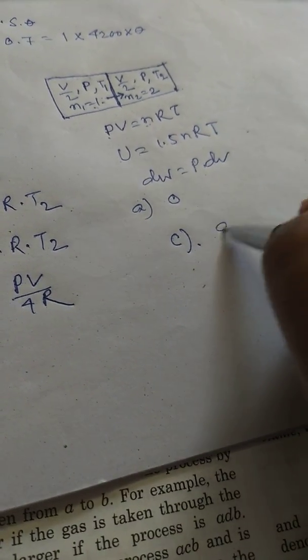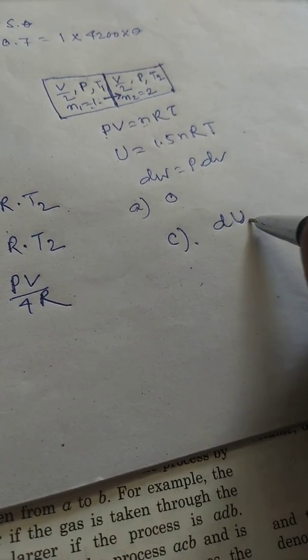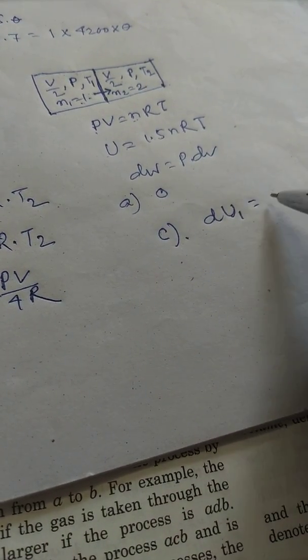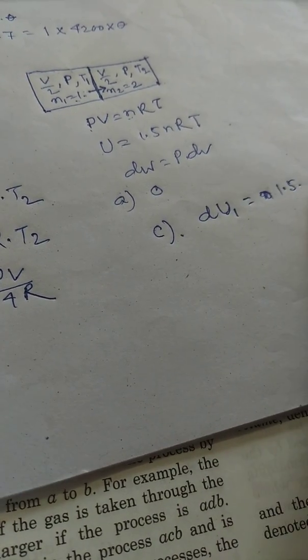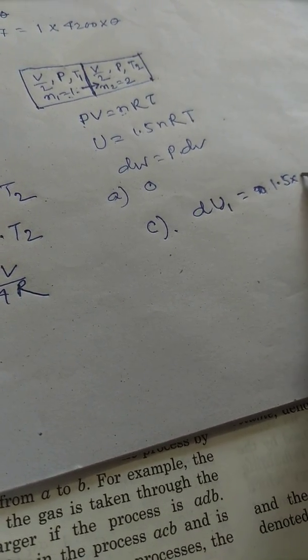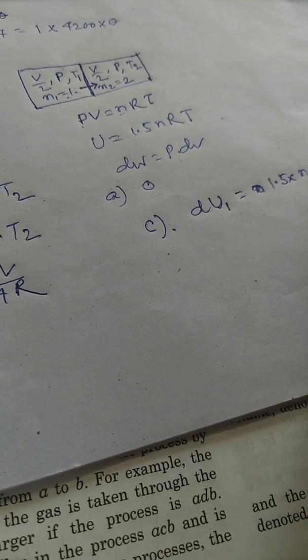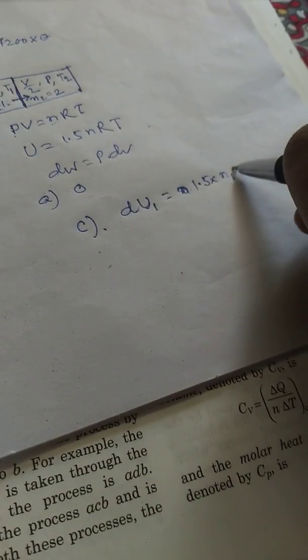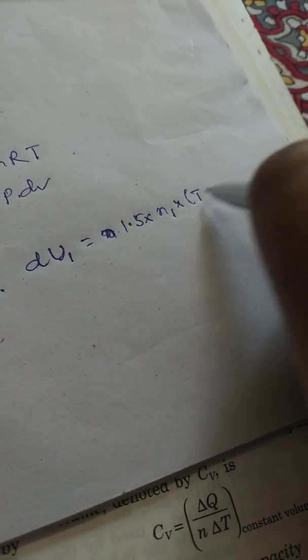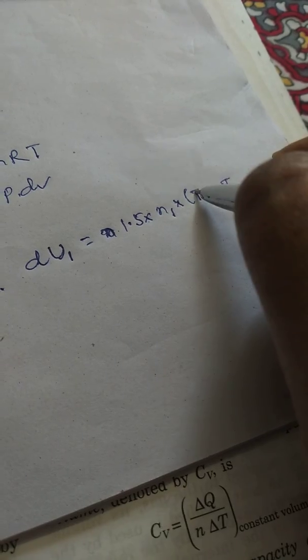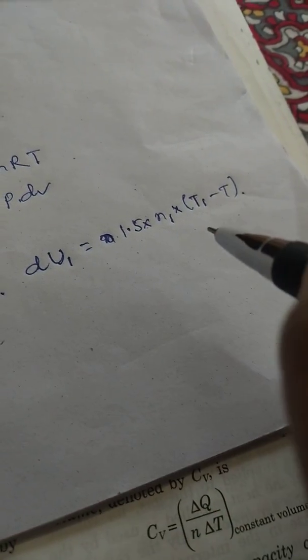What is the heat loss by the left side? 1.5 into N1 into T1 minus T. Let me say the final temperature is T.